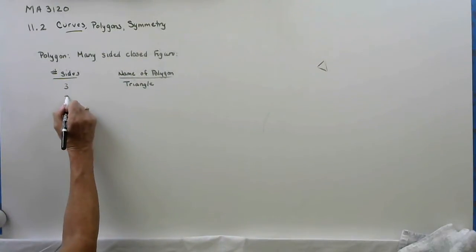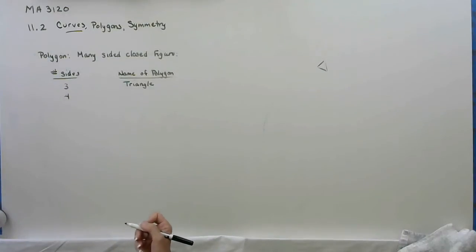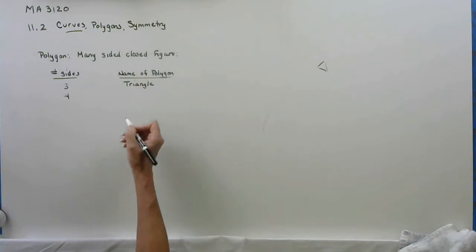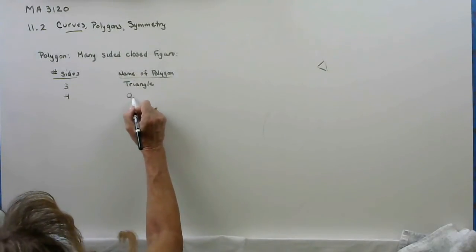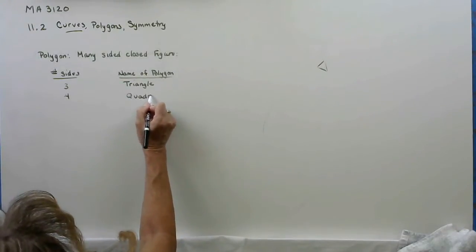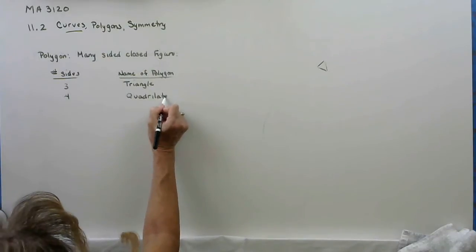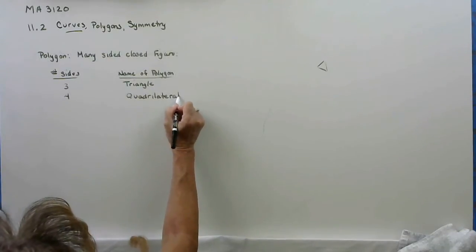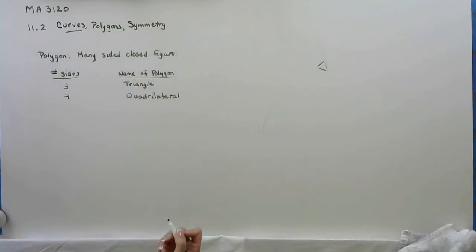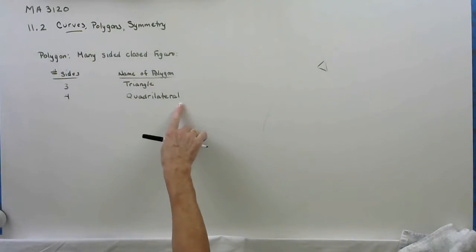Then if we have a four-sided shape, start asking yourself, what's that called? Some of you say square, somebody else might say rectangle, rhombus, trapezoid. Any four-sided shape is called a quadrilateral. Quad meaning four, lateral means side, so it has four sides.